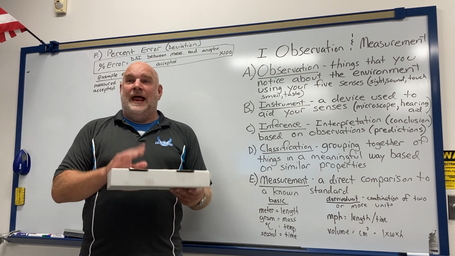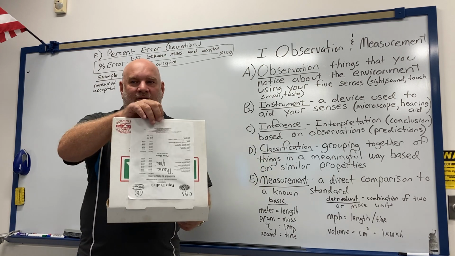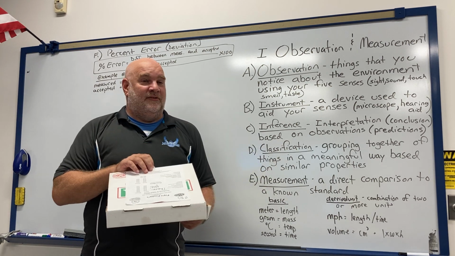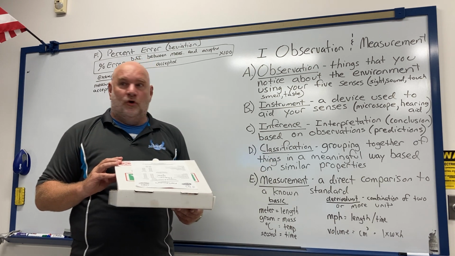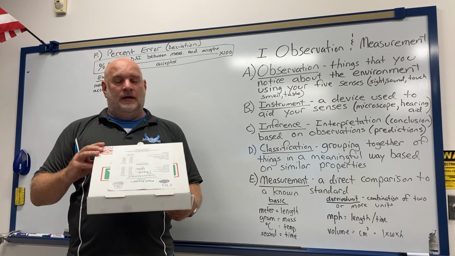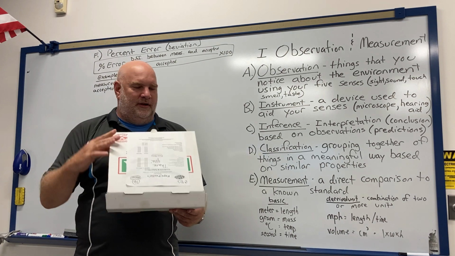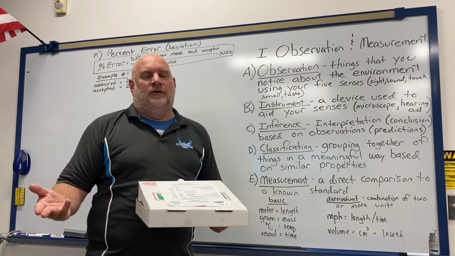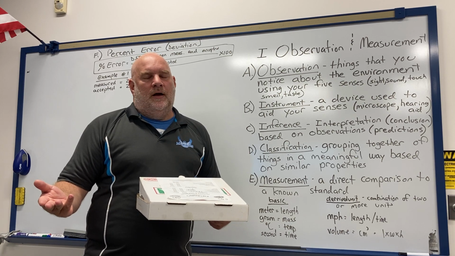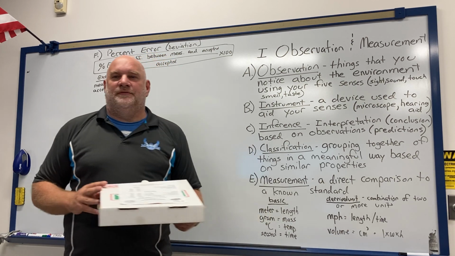Now, I open up the box, maybe it's not a pizza. Maybe it's a stromboli, or baked ziti, or a calzone. There are other things that would have been a logical inference from those observations.